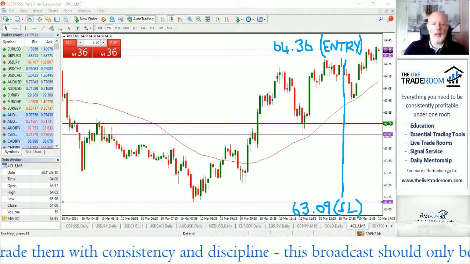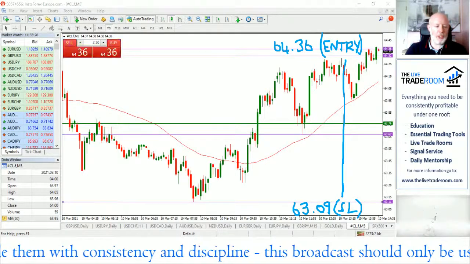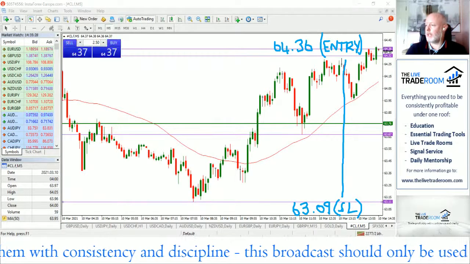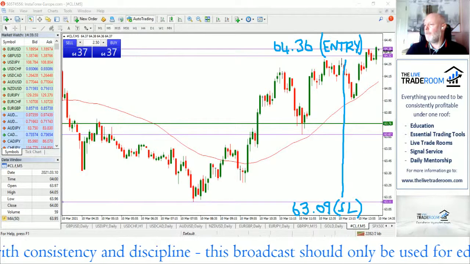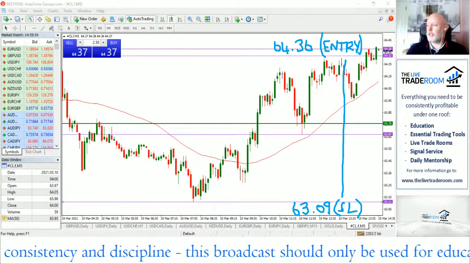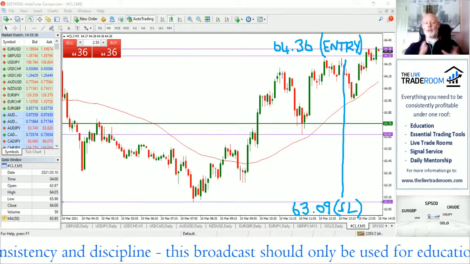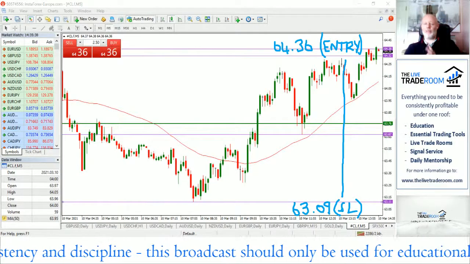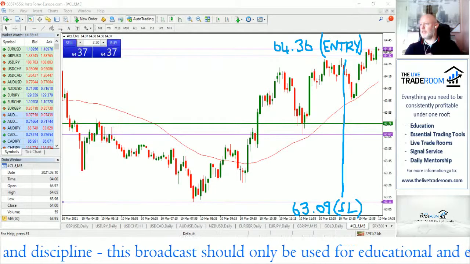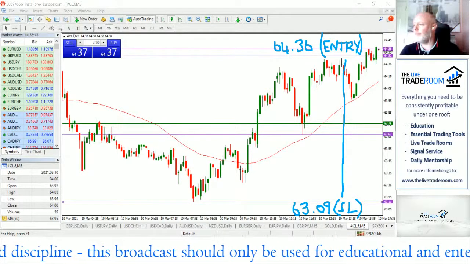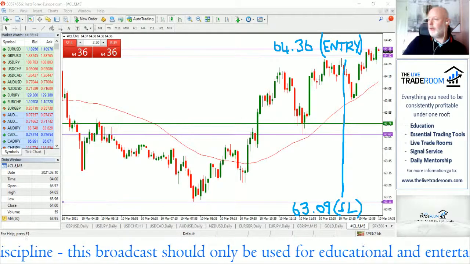Now, whatever volume you happen to be trading, take into account whether there's a commission to be paid or whether there's a spread, and take that cost of trading into account when you trade. Obviously, if you're running a business, any expense should be considered. Same with trading.